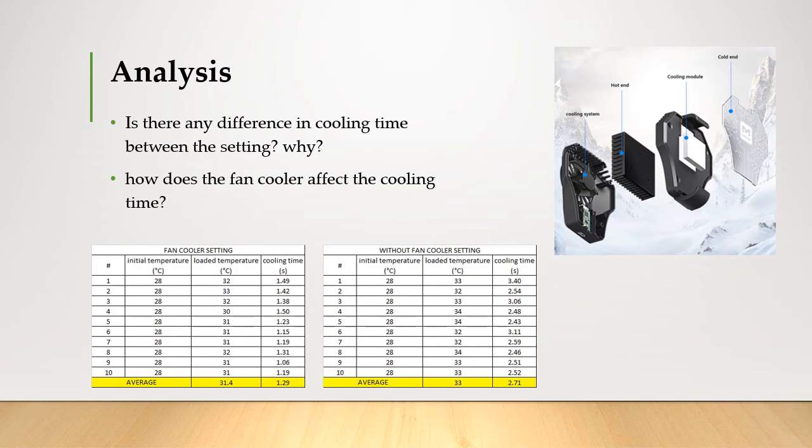Next part is the analysis. The first question is: is there any difference in cooling time between the settings? As we can see in the result chapter, the average cooling time with the fan cooler setting is 1.29 seconds, and without the fan cooler, the cooling time is 2.71 seconds.